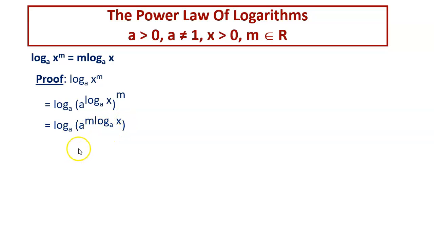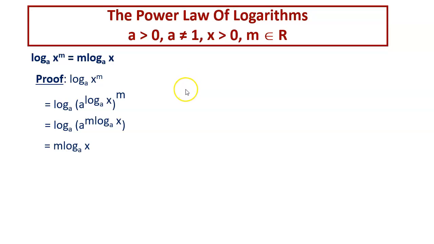So this is equal to m times log of x to the base e, which is the right hand side of the power law equation. Okay. So we have proved the power law of logarithms.